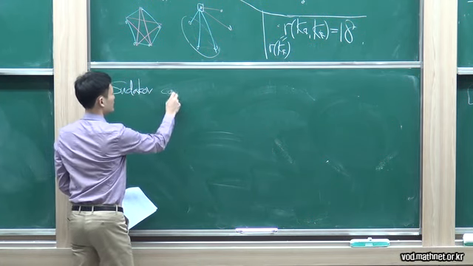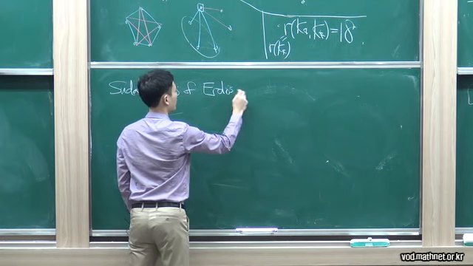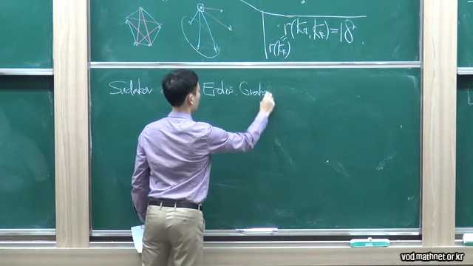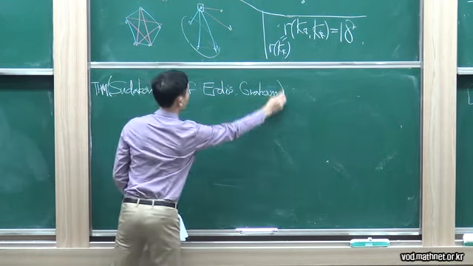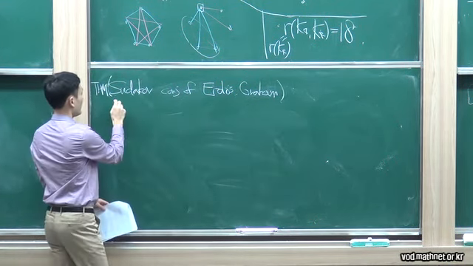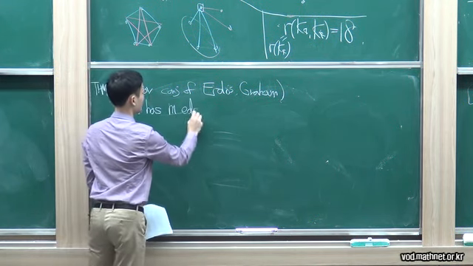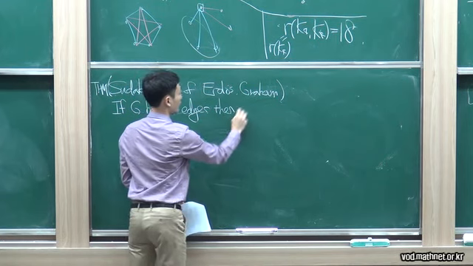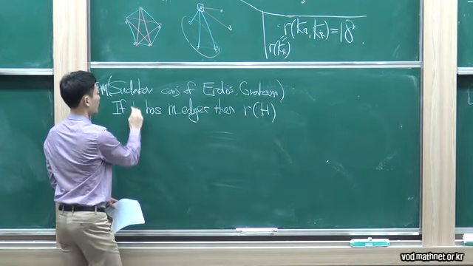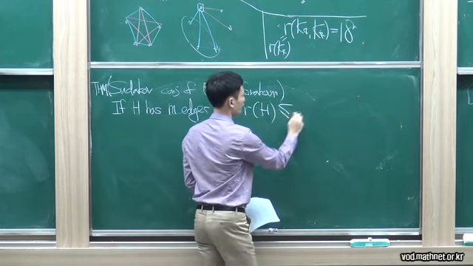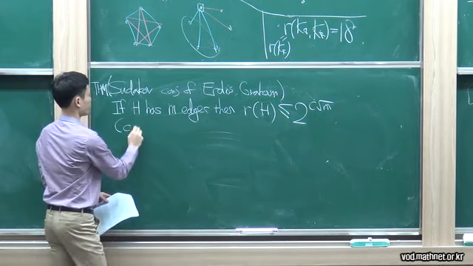He was proving a conjecture of Erdős and Graham. It's the following. If H has m edges, then the Ramsey number of H, I've been using H so far, is at most 2 to the C times square root of m, where C is an absolute constant.